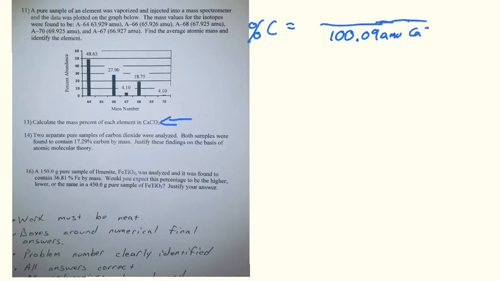That's right, CaCO3. And on top we have to have the mass of the carbons. And you notice there's only one carbon in there, so it's just going to be 1 times 12.01. And then all we got to do is take all of that times 100. And our percent for carbon turns out to be 12%.